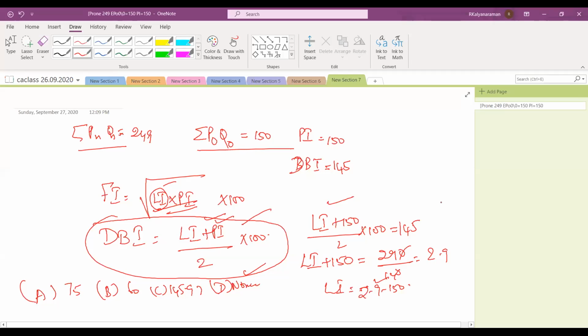How did you get 145.97 as answer? You can answer in the chat. Shall I give you the mic? Li is 140. How? What is the mistake I have done in the calculation?